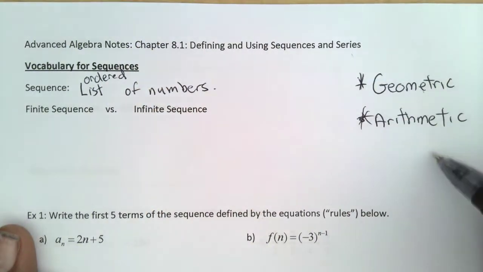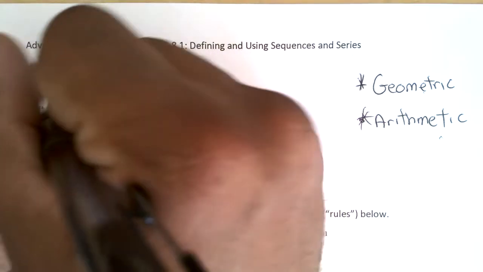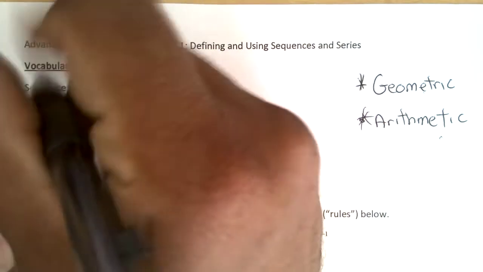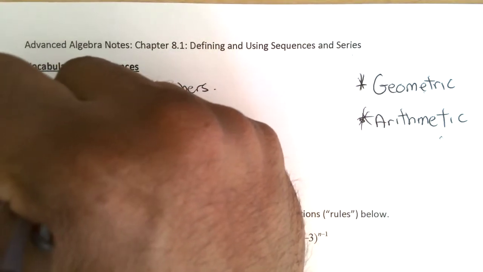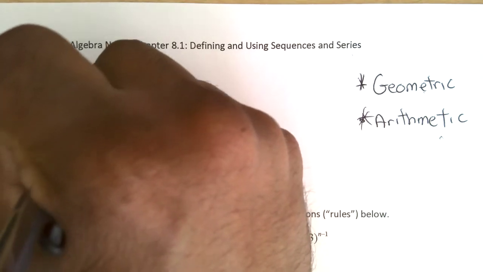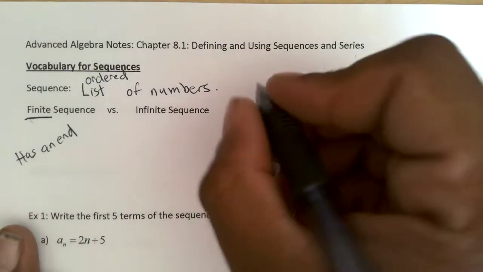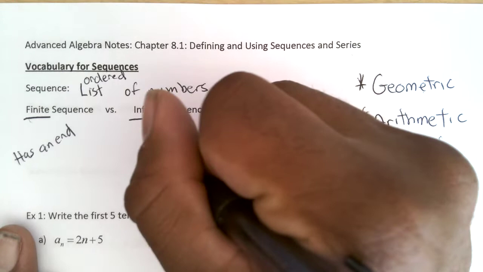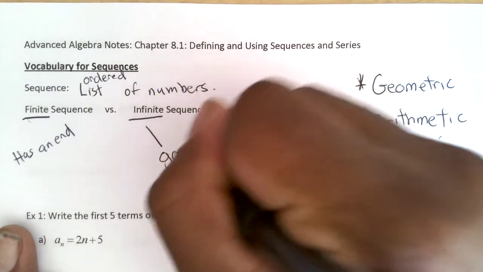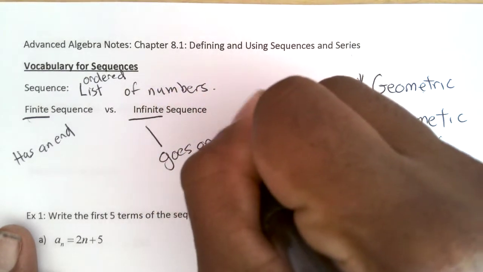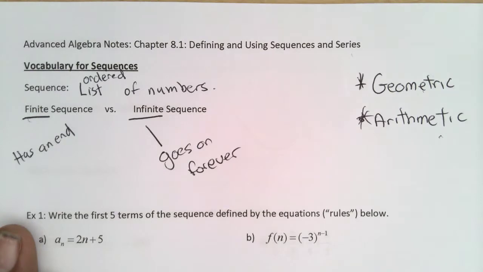They can be these patterns, or they can be neither, but we also talk about these if they're finite, meaning it has an end, so it's set to a certain specific number of terms, or infinite, goes on forever. These are the two things that we'll generally see with our sequences.